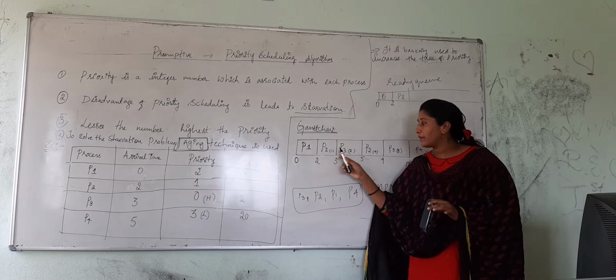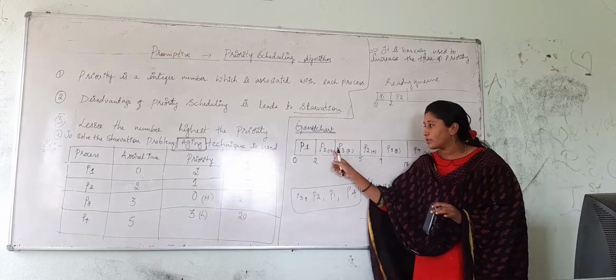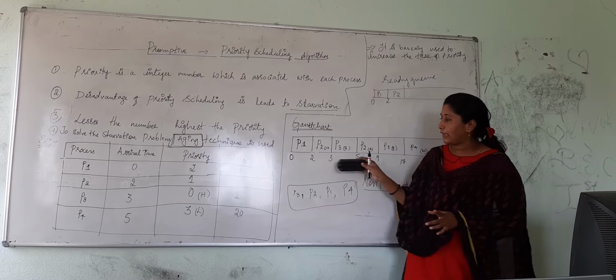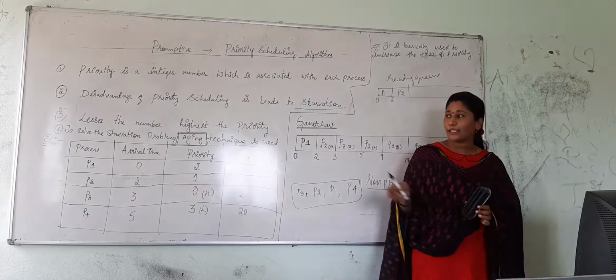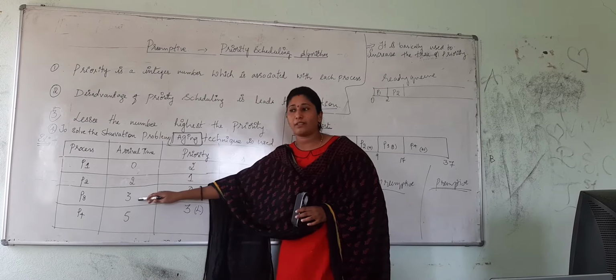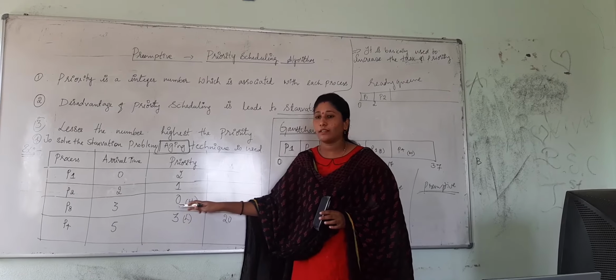Therefore, P2 is given as this has to run for 1 unit amount of time. So 2 plus 1 will be 3 milliseconds. After that, check again in the arrival time at 3 milliseconds, does any process enter? Yes. At the arrival time 3, P3 enters, and its priority is 0.